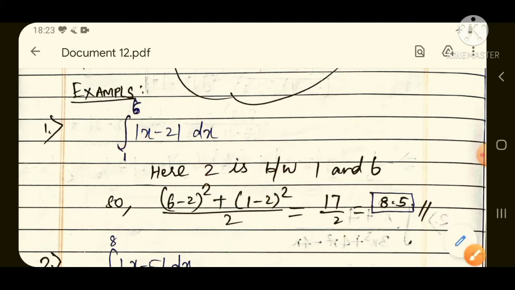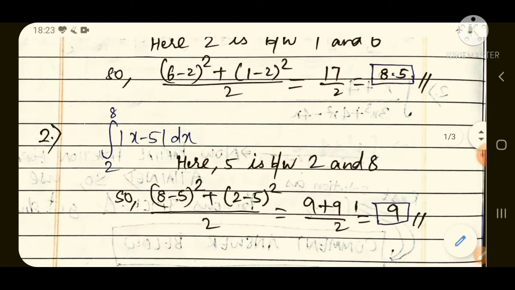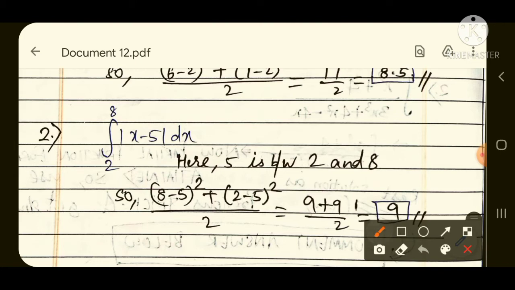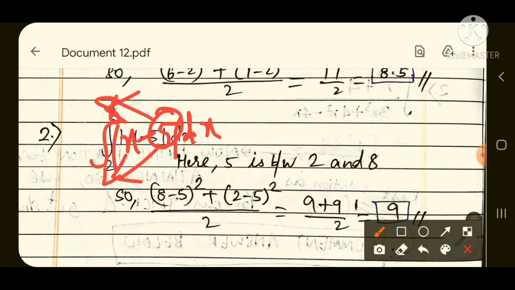For better understanding I would take one more example. Here the question is integration 2 to 8 of modulus of x minus 5 dx. Here our critical point 5 is between 8 and 2. Is it? Yes. So we can apply the trick now.